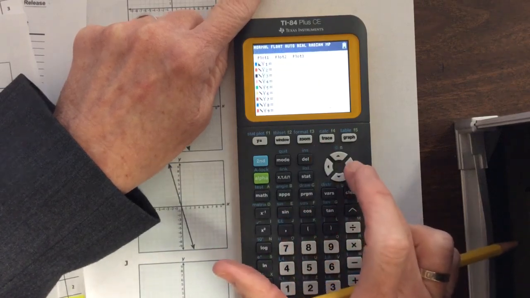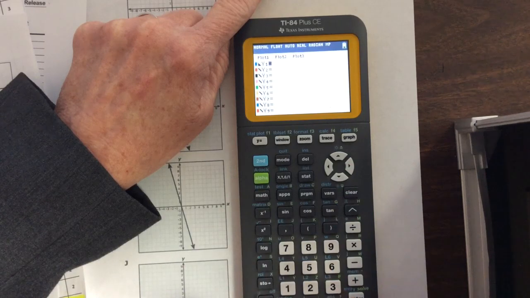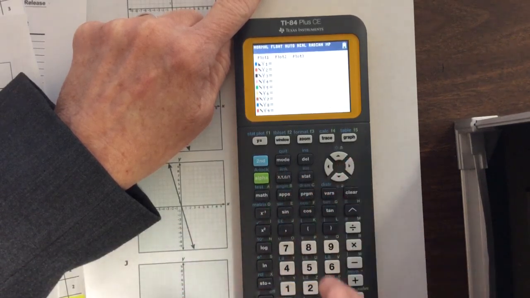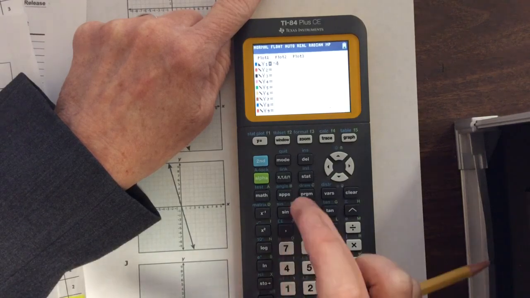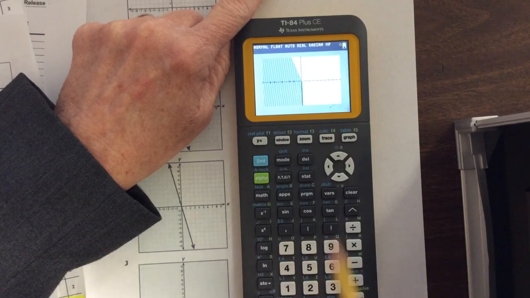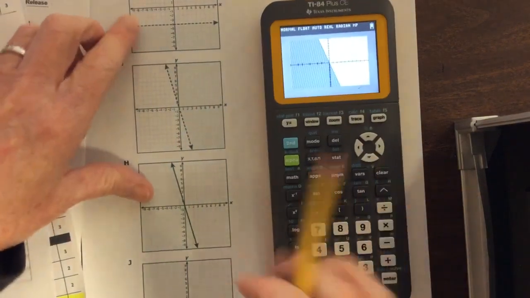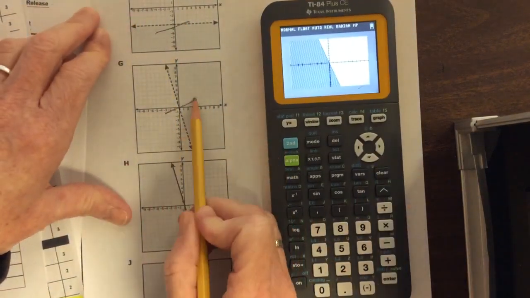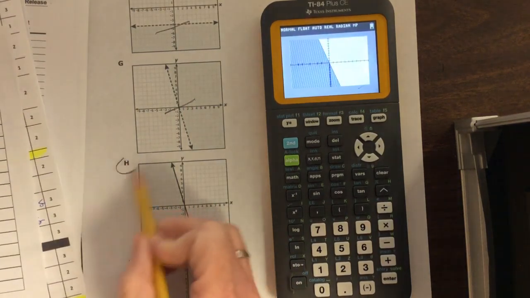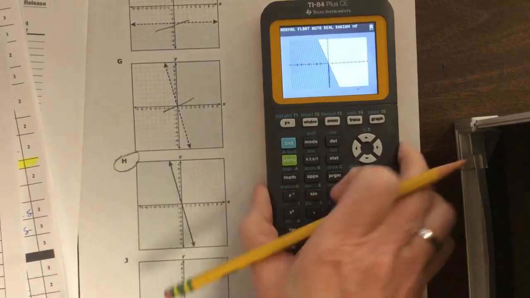And now I can put y is less than -4x. So -4x, and I'm going to hit graph. And there is your line. So it's not this one, it's not this one, and it's not that one. Your answer is H.